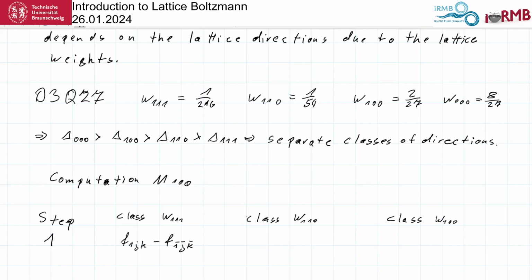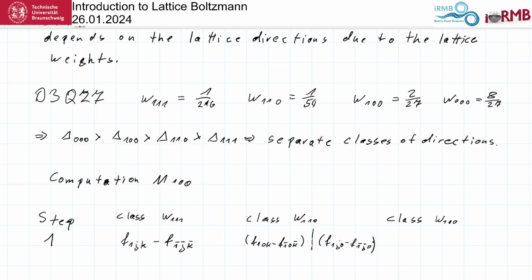And here in this class, you will start with 2 different ones: 1, 0, K minus F minus 1, 0, minus K. And so there would be a different one, F1 J0 minus F minus 1 minus J0.